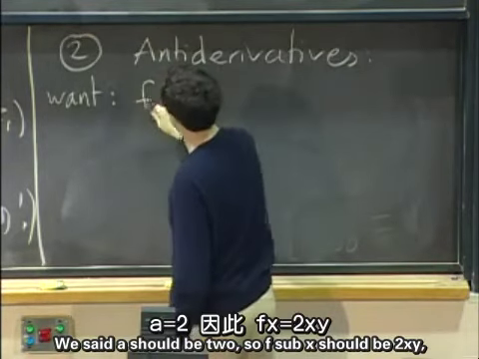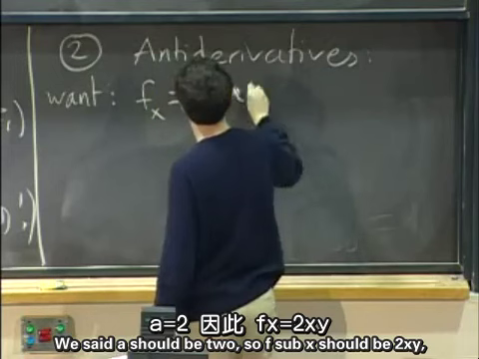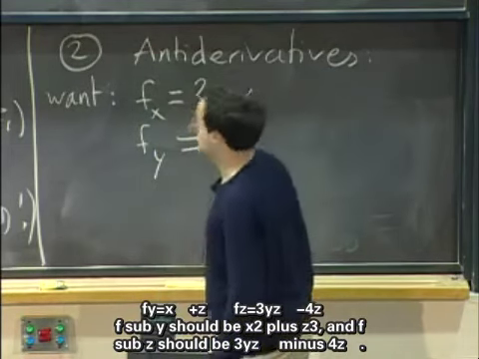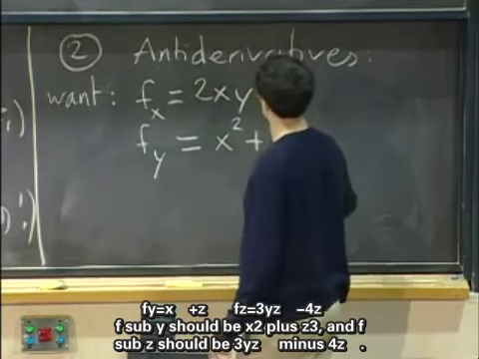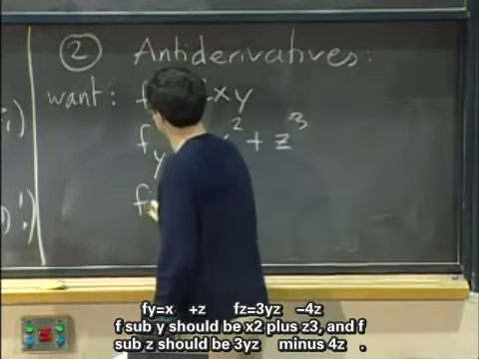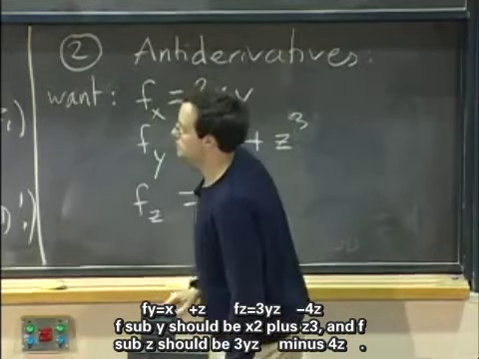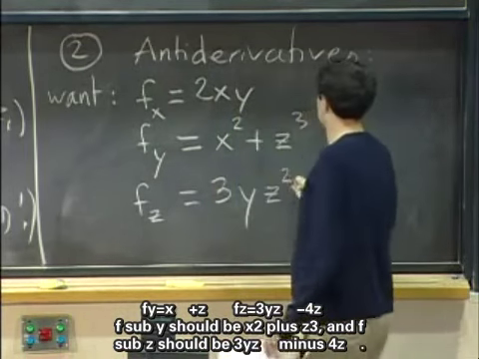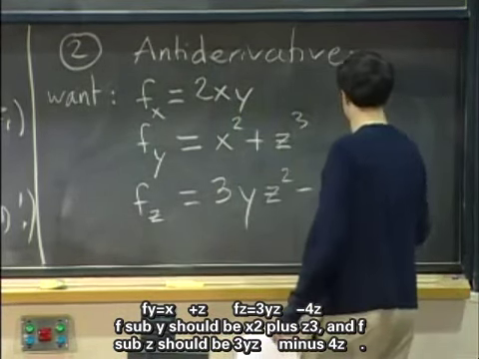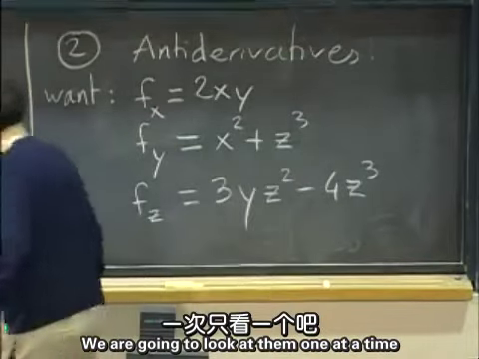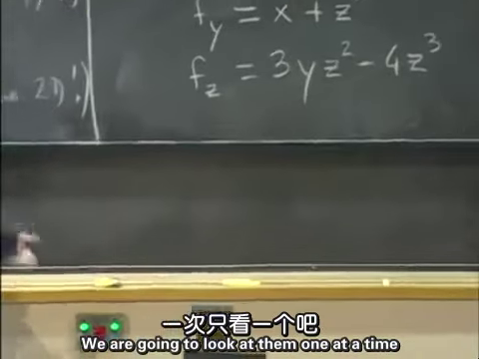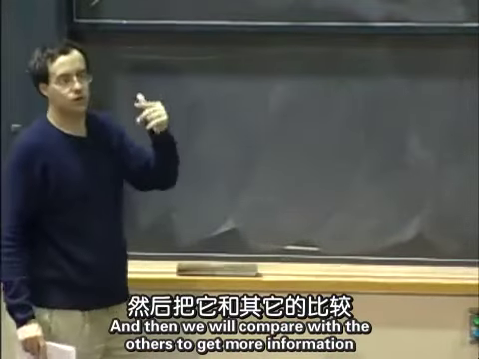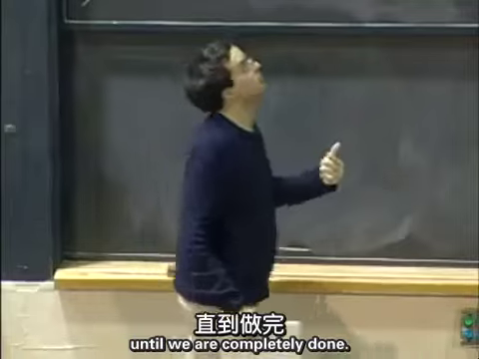So we said a should be 2, so f sub x should be 2xy, f sub y should be x squared plus z cubed, and f sub z should be, b was 3, so that was 3yz squared minus 4z cubed. So we're going to look at them one at a time and get partial information on the function, and then we'll compare with the others to get more information until we are completely done.